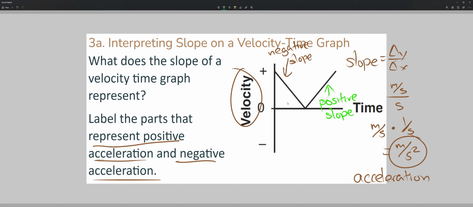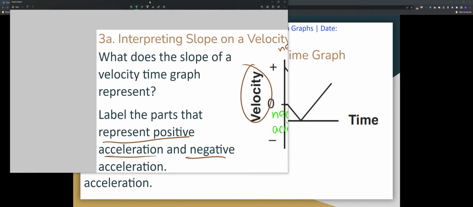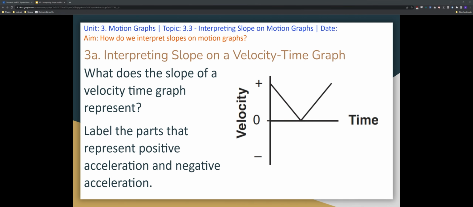If you have a negative slope, you have a negative acceleration. And if you have a positive slope, you have a positive acceleration. There's not enough room for me to write it here, so you're going to have to settle for the abbreviation. Those are my negative acceleration parts, and those are my positive acceleration parts.